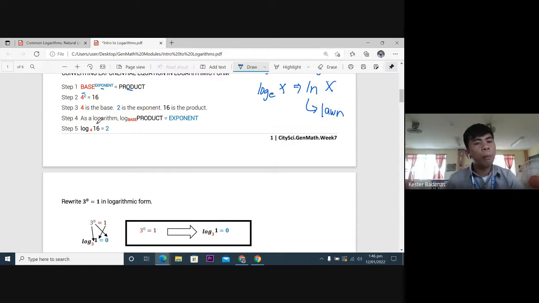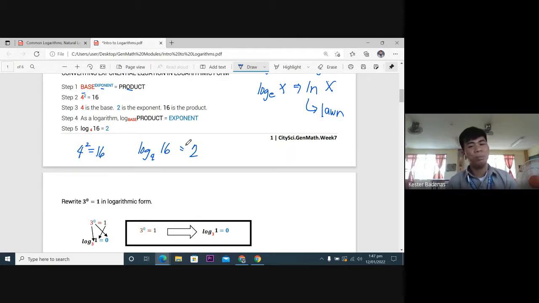So, logarithm of the product, which is 16, to the base, which is 4, is equal to the exponent, so we have 2. So, the logarithmic form of the exponential equation 4 squared is equal to 16 is logarithm of 16 to the base 4 is equal to 2. Parang nag-divide lang class, di ba?